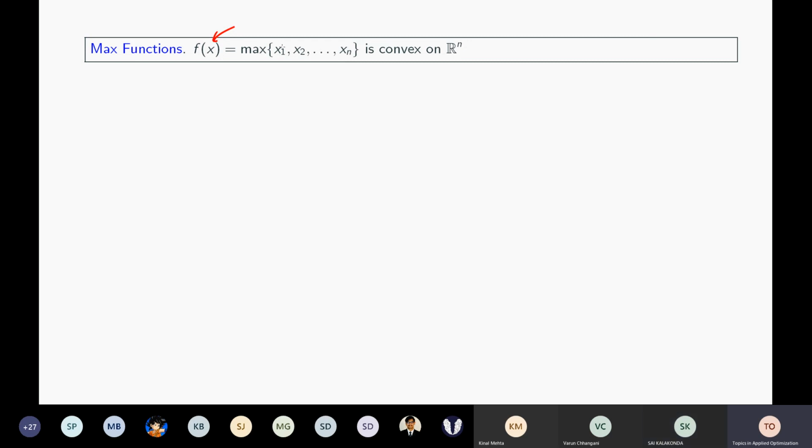But remember that this is not exactly the infinity norm. Why? What was missing in the infinity norm? There was the absolute value: the max of the absolute values of the components.